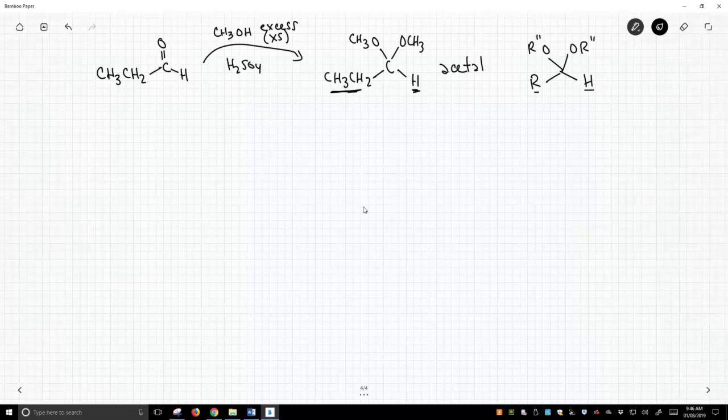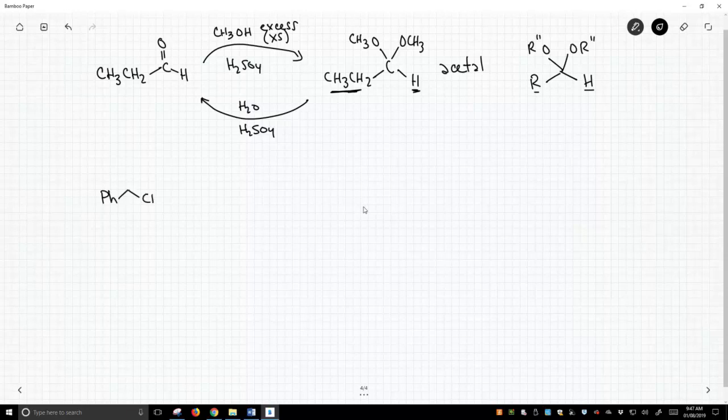So it fits our picture for an acetal. Note that acetals are pretty unstable, and if you actually treat them with water and acid, the reaction will go backwards, and you reform your aldehyde and liberate the two alcohols that you stuck on the molecule. This reaction works just as well with ketones.